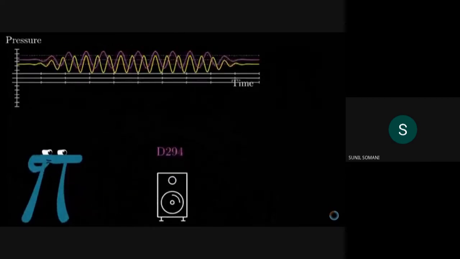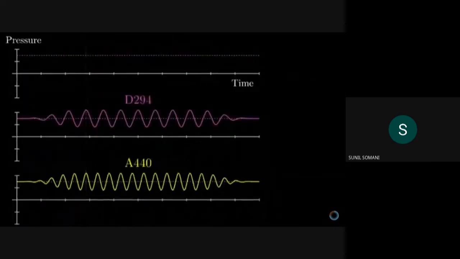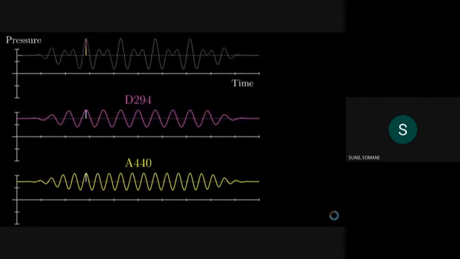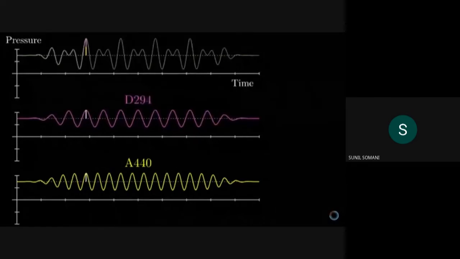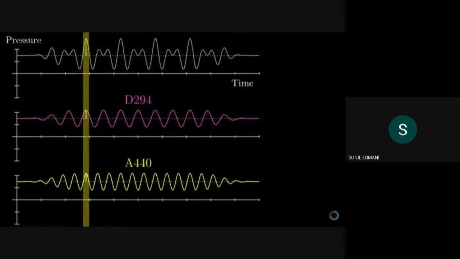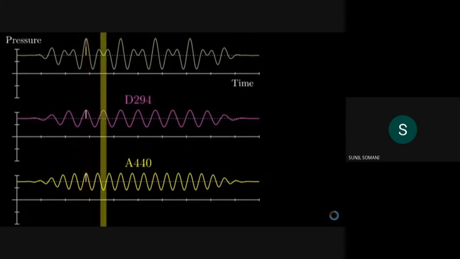Well, at any point in time, this pressure difference is going to be the sum of what it would be for each of those notes individually, which, let's face it, is kind of a complicated thing to think about. At some points, the peaks match up with each other, resulting in a really high pressure. At other points, they tend to cancel out.